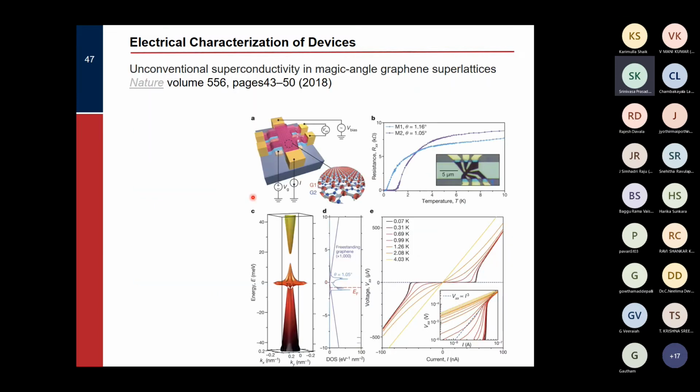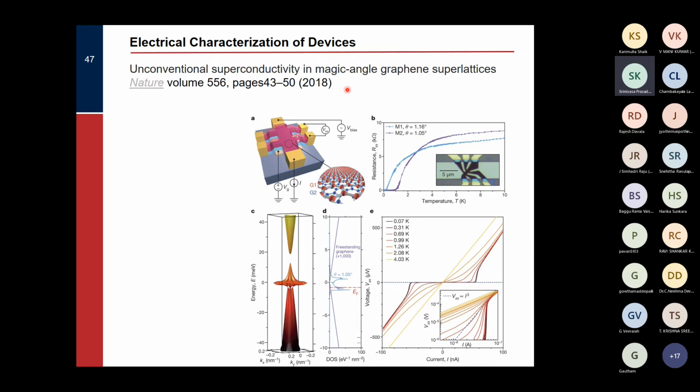Okay, and then also something like this magic angle graphene. People have observed superconductivity in this sample. What happens is that 2 layers of graphene have been taken, and then people have rotated one by a very small angle. Graphene itself has some resistance, right?